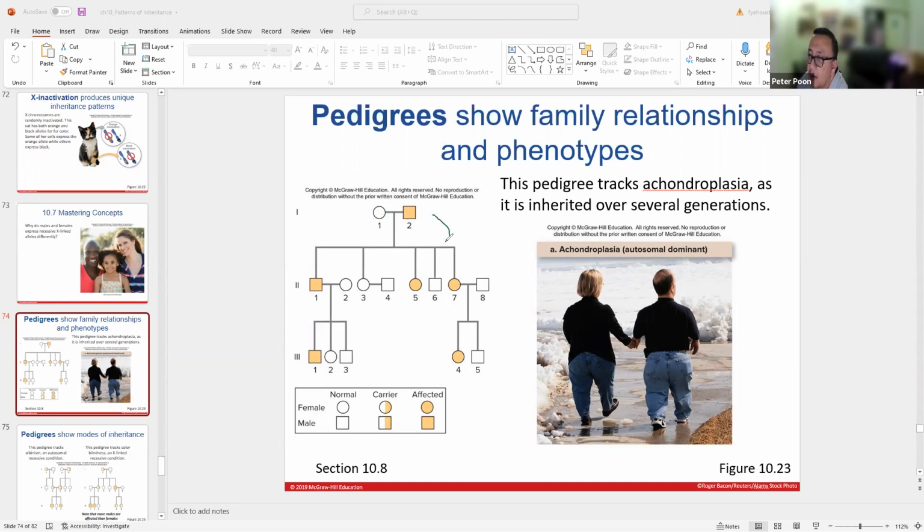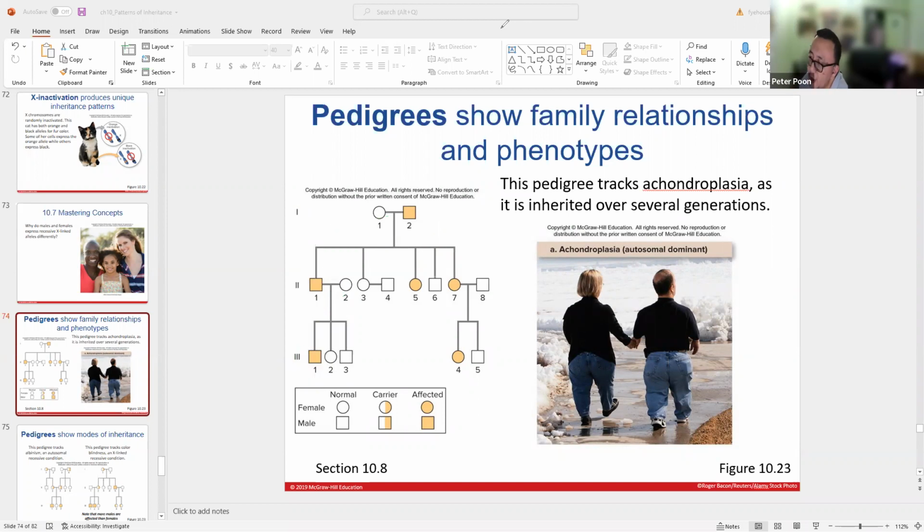So these are the children of number 1 and 2. These are the spouses of children 1 and 2. This is generation number 1. This is person number 1 in generation 1. This is person number 2 in generation 2, or person number 1 in generation 2. This is person number 1 in generation 3.